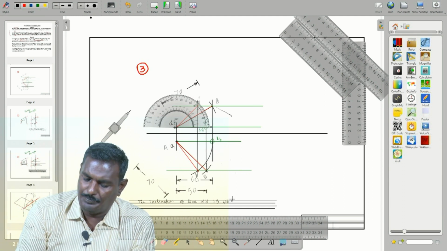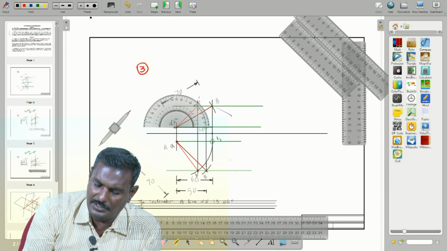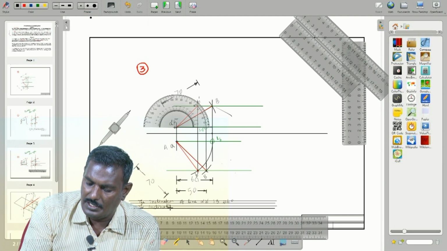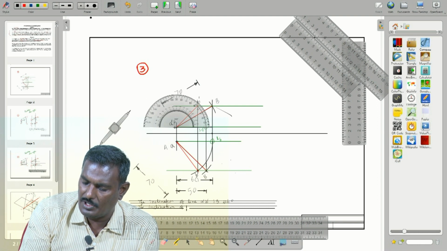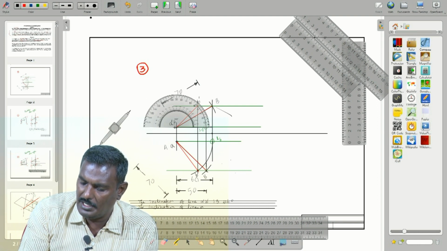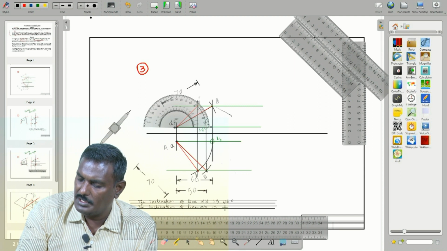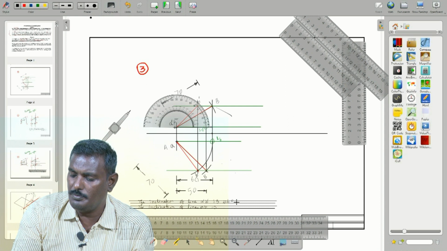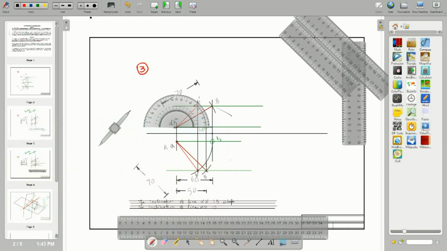So, similarly, the next guideline, the inclination of line AB, here is 46 degree with respect to HP.